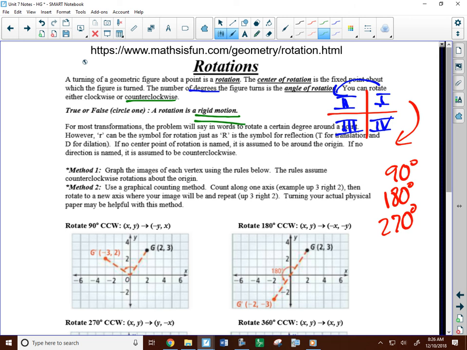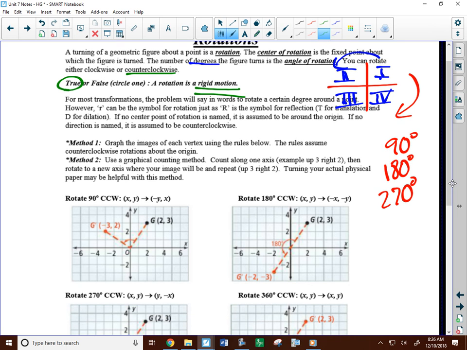Can somebody raise their hand and tell me what that is? The shape stays congruent. Yeah, you do a transformation, the shape stays congruent. So now that we got that, what'd you put, true or false? Abby? True. A rotation, yes, it will remain congruent. So far, all three of them have been true. Okay, so that's a good review of rigid motion, and yes, a rotation doesn't change the size of it.